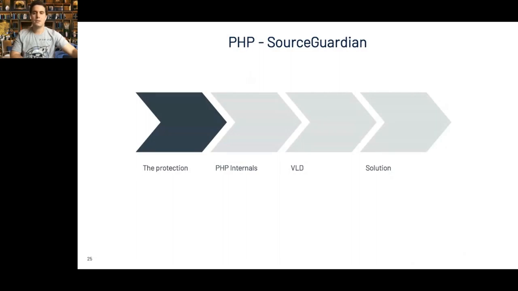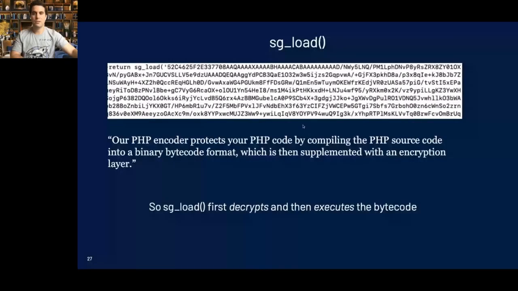What I like to call this is the SourceGuardian wrapper. When you run an encoded file and execute it, the file knows how to decode itself and execute itself. And all of the decoding magic takes place in SG load. So I'll take a quote off of the SourceGuardian website.